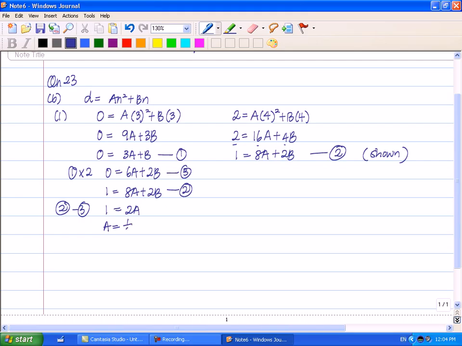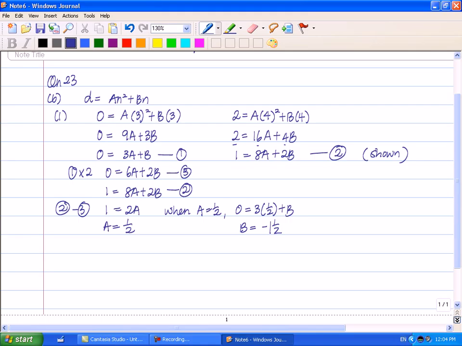A equals to half. And B is equals to -1.5.